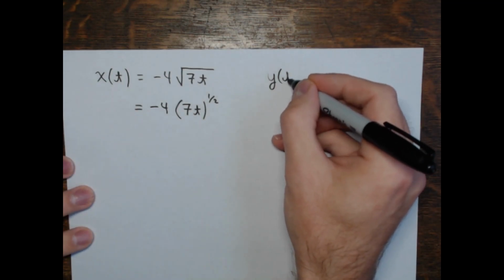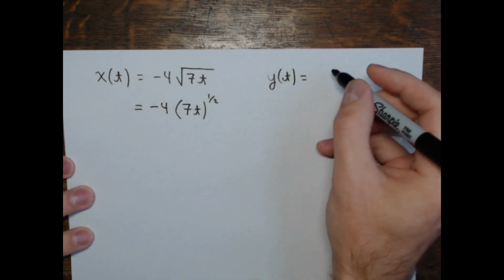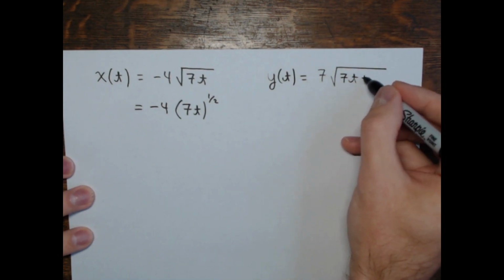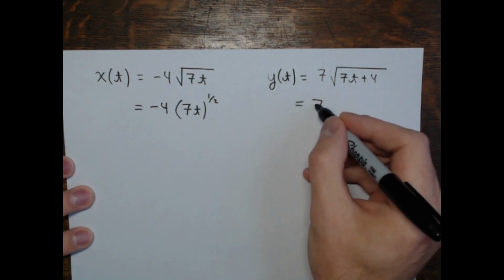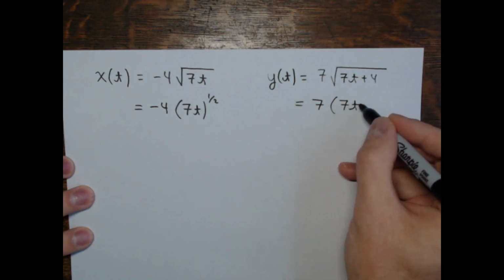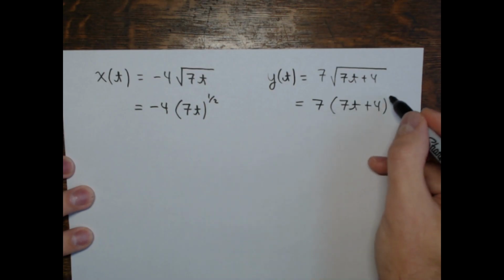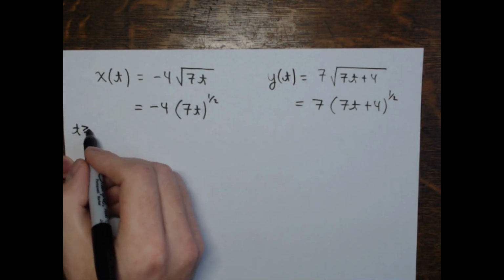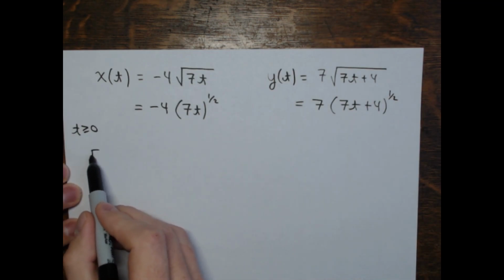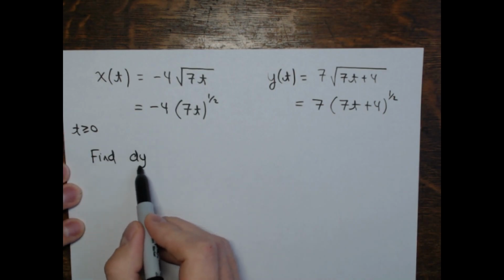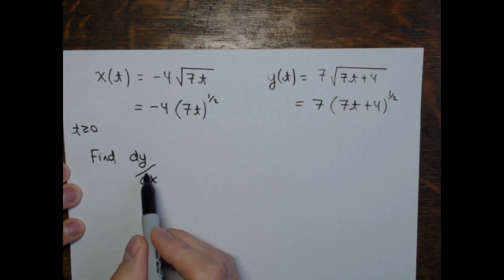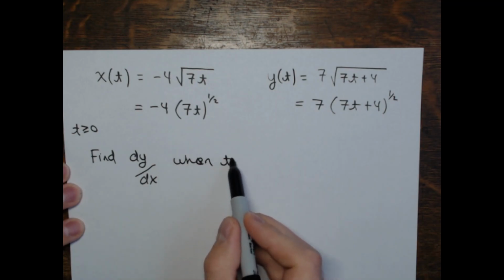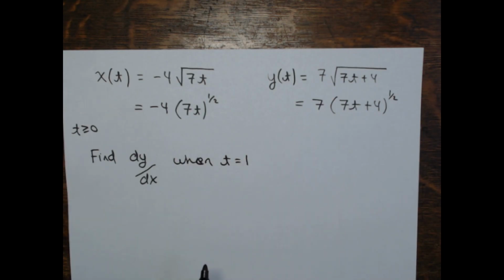And then y of t is 7 times the square root of 7t plus 4, which once again I'll write this way to make the derivative easier to do. 7 times the quantity, 7t plus 4 to the half. And they are mentioning that t has to be greater than or equal to 0 here. All right, so they're asking us find dy dx. Find the slope of the tangent line when t equals 1. Right, so at the point when t equals 1.